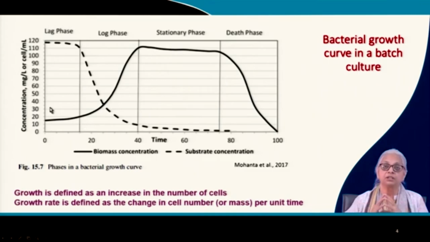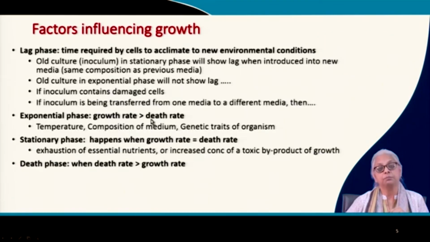Now they are limited only by the growth limiting nutrient. So at that point, the growth rate is much greater than the death rate. When we talk about incubation or environmental conditions, the first thing is temperature. If you change the temperature, the rate of replication will change.